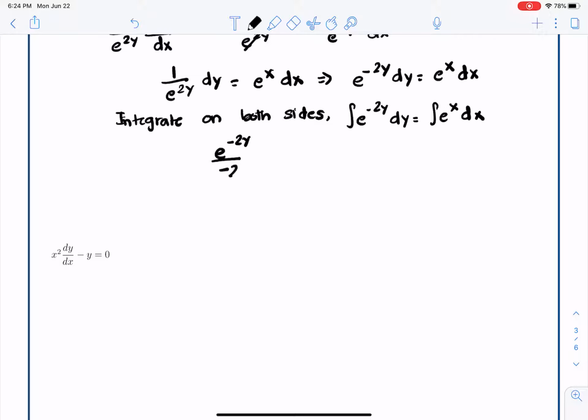Which would give me e raised negative 2y over negative 2 equals e raised x. Multiplied by negative 2, I'll end up getting e raised negative 2y equals negative 2 plus e raised x. We could take the natural logarithm here on both sides.